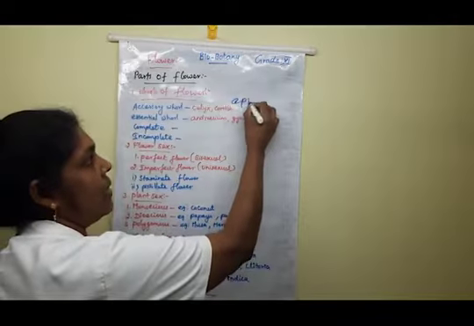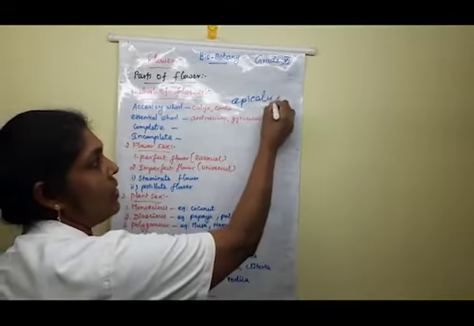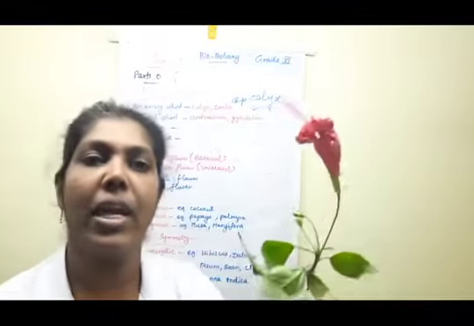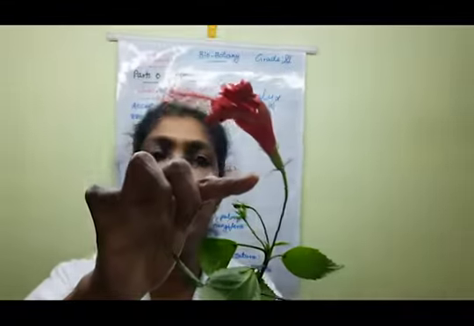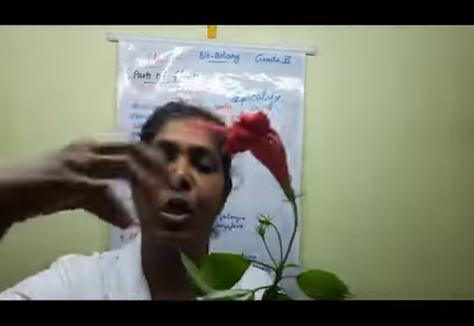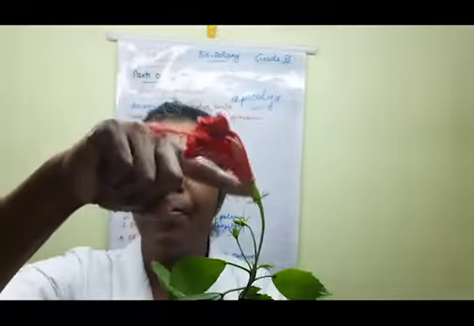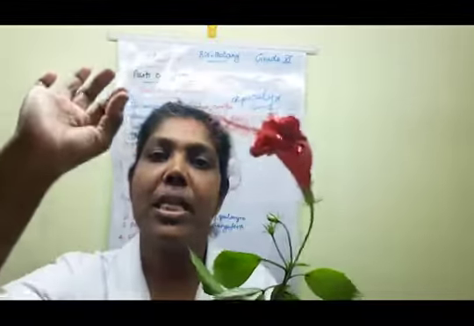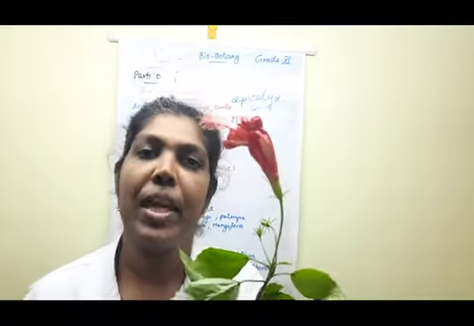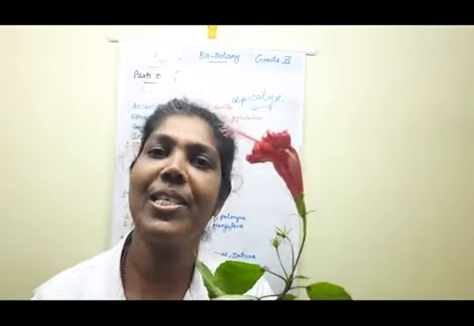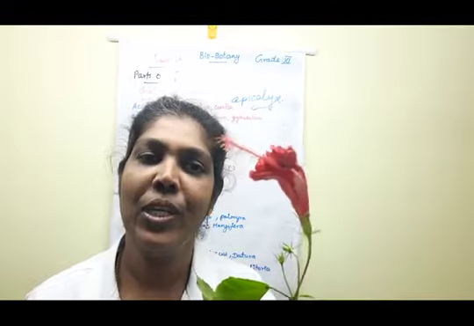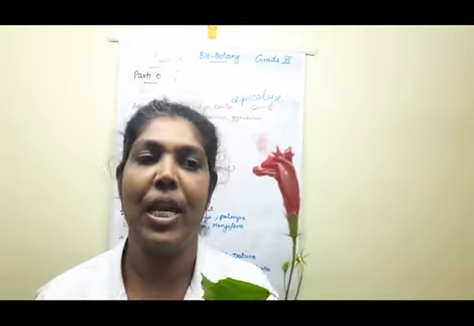Epicalyx. This is a special condition we can see in this specimen of hibiscus. The whorl of bracteoles is arranged on the pedicel part, and that is known as the epicalyx. Have you understood, children? Say yes or no. Can you follow? Yes, good, very good, children.